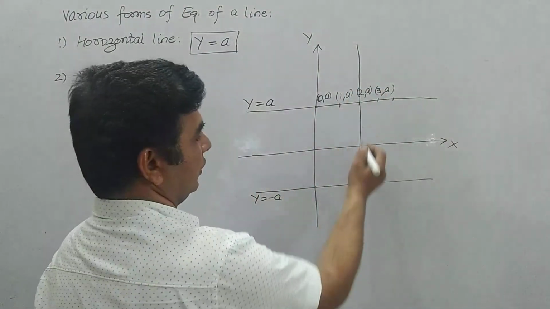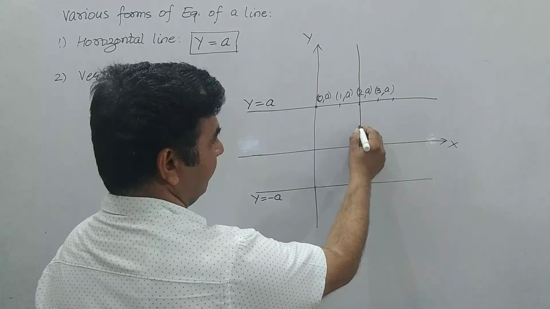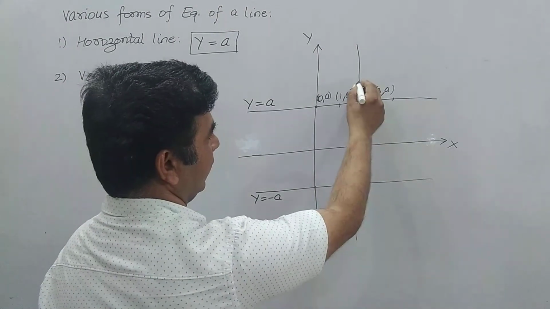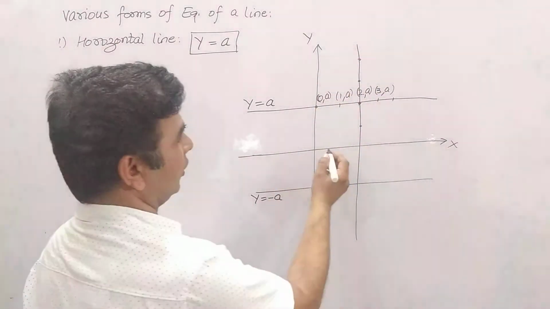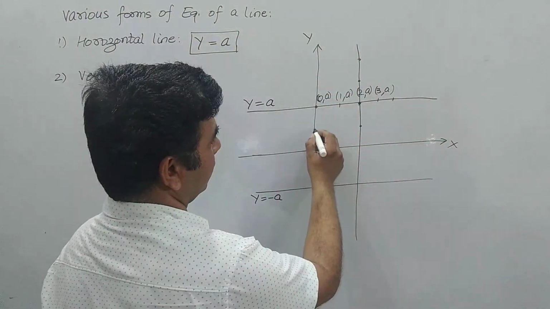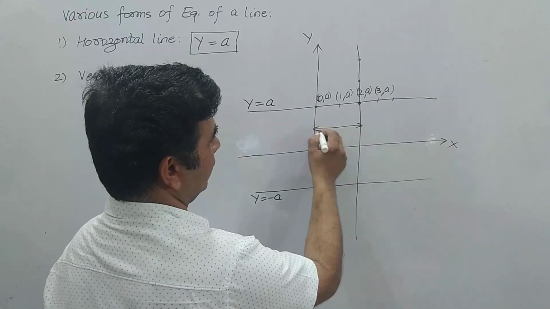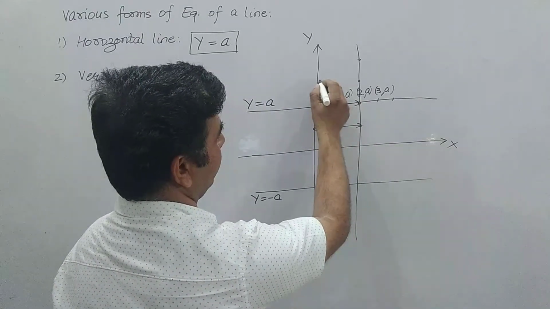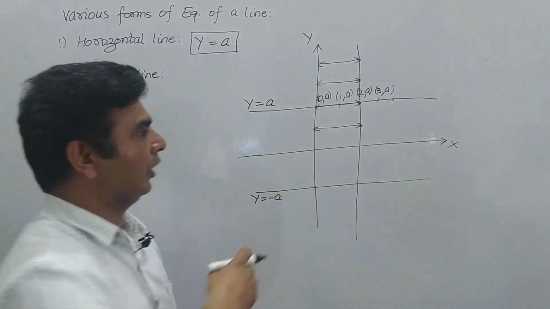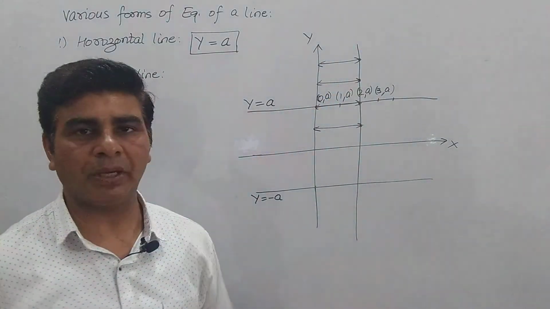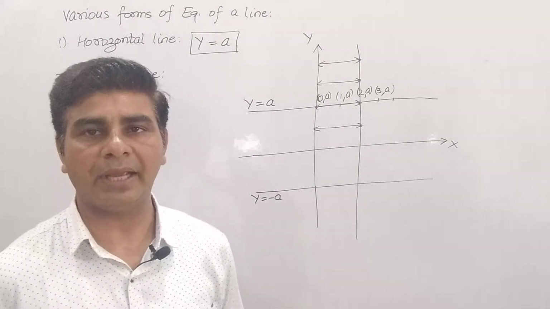Again you can see every point lying on this line will have the same x coordinate. The distance from the y-axis will be equal, whichever point it is. So each and every point lying on a line which is parallel to the y-axis will have the same x coordinate.